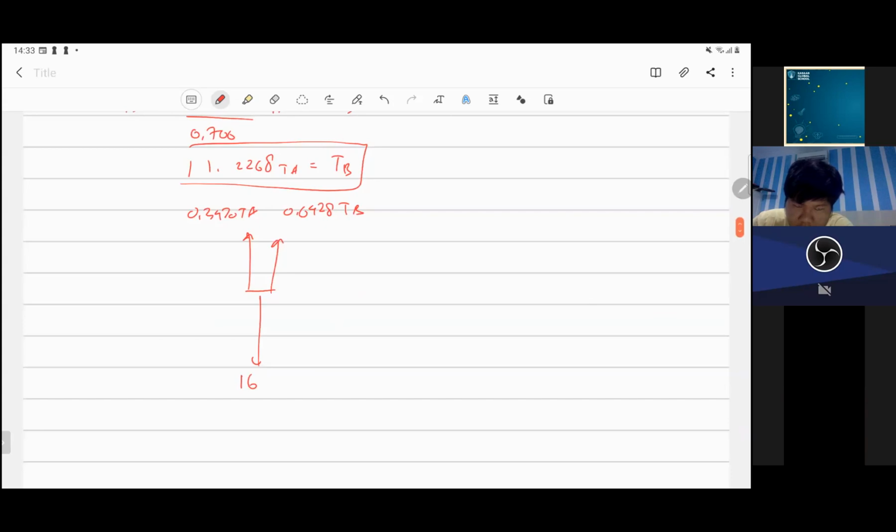And down is 16. Now we're going to change this first. 0.6428 TB is 0.6428 times 1.2268 TA. We're going to make them in terms of TA.